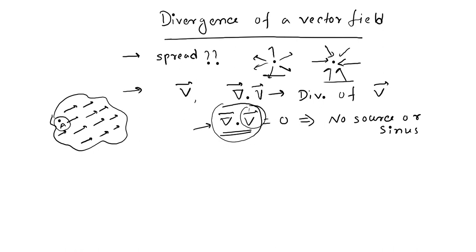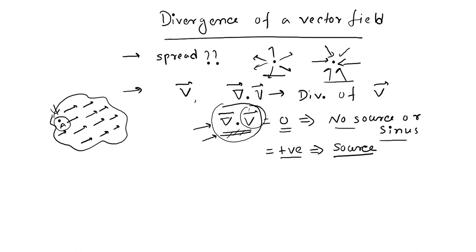So divergence is point dependent, right? If, after solving mathematically, we find that the divergence is 0, then at that point we can infer that there is no source or sink. If it gives us a positive value, that is +1, +2, +3, +4, any number, then we can say there is a source.